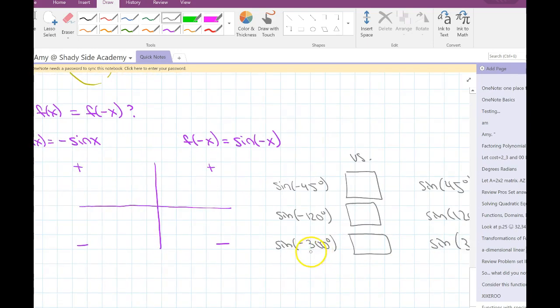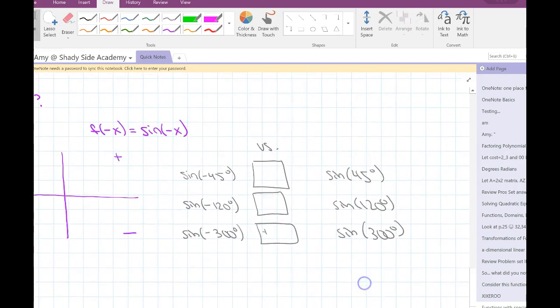Negative 300 degrees would terminate in quadrant 1, where sine would be positive. So this would be a positive number, but sine of 300 degrees would terminate in quadrant 4, where it would be a negative number, right?